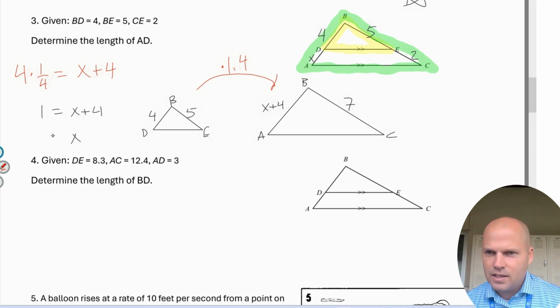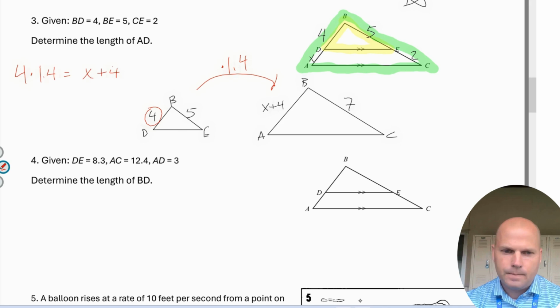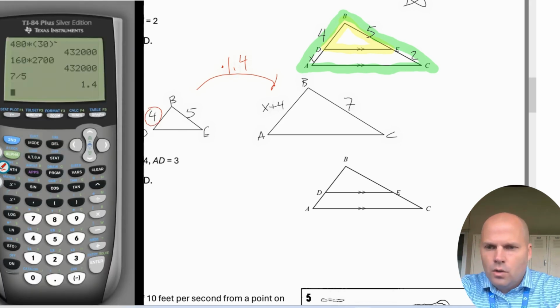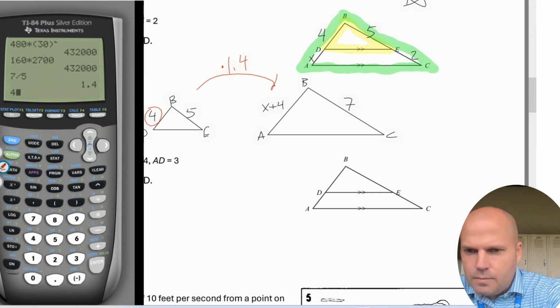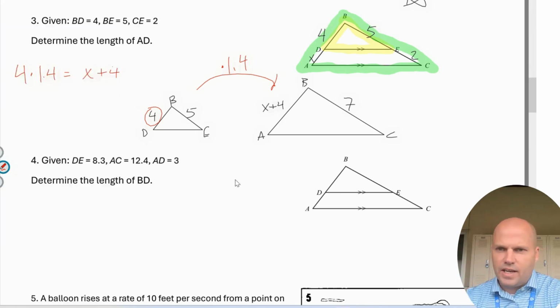You get X has to equal negative 3. Wait, what happened? Oh, not 1/4, 1.4. What am I doing? This value 4 times 1.4 has to equal X plus 4. 4 times 1.4 is 5.6.